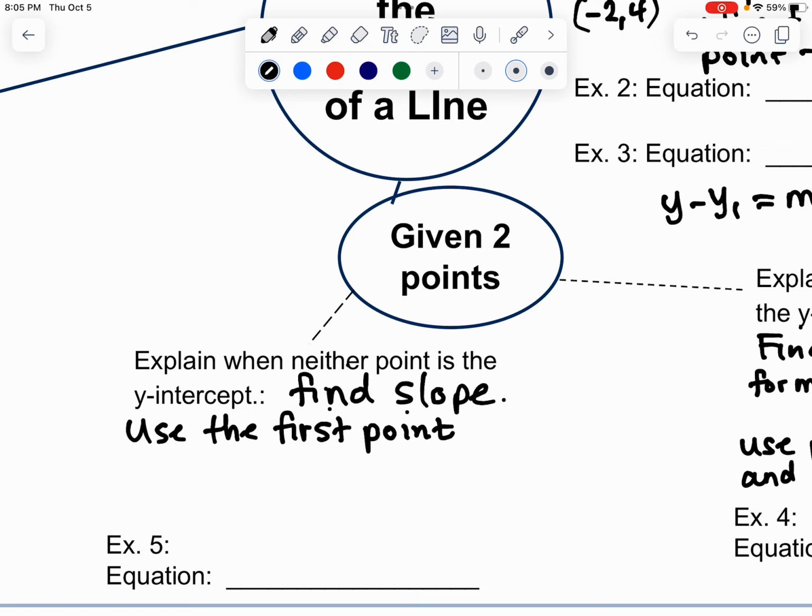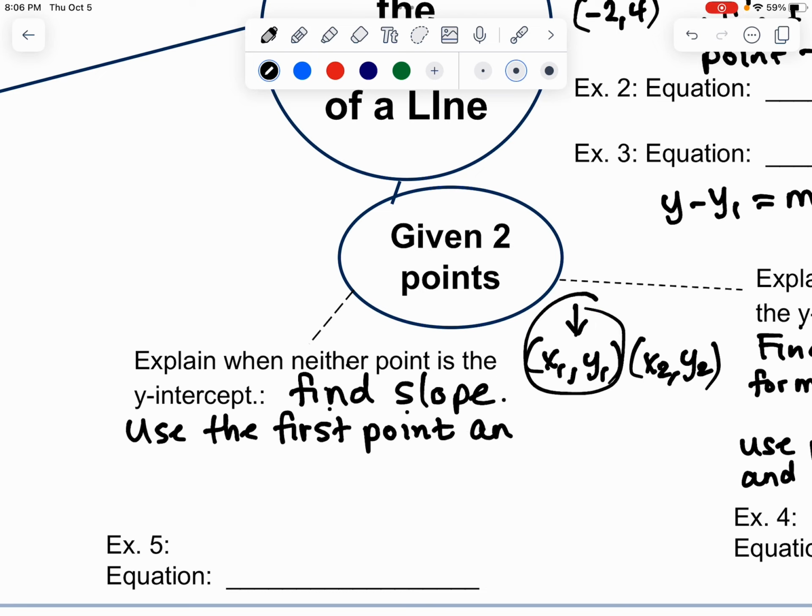Remember, our points are x1 comma y1, that's the first point, and x2 comma y2 is the second point. We're always going to use the first point and the slope. And now we have to plug it into point slope form and then solve for y.